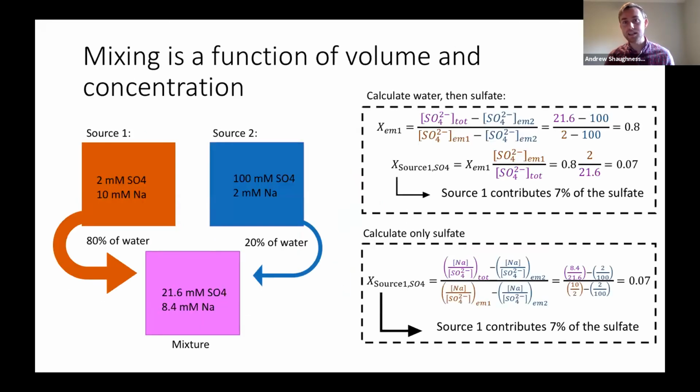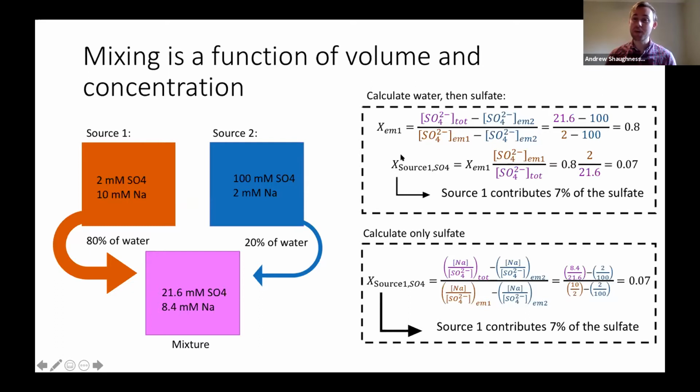So I like to give a little bit of an example here for people who don't think about mixing models often. If we think about these two sources of water and I mix them in an 80-20 ratio to get my mixture, I can unmix the stream sample using a very simple two end member mixing model. You're just going to have to trust my math that it comes back out and I got 80% of water came from source 1.